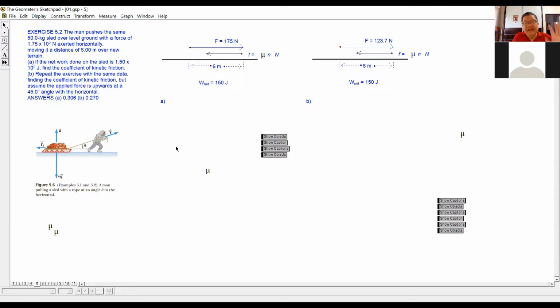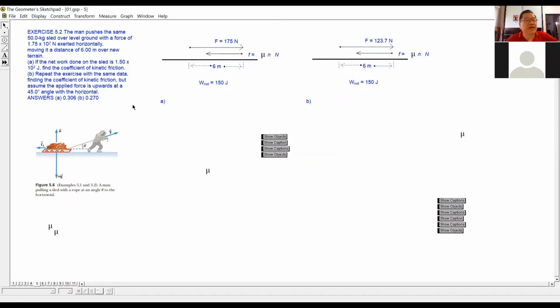Okay, so this example is exactly the same as the previous example. They only change the numbers, right? Over new terrain. Now, over new terrain means it's a different type of surface, so the coefficient of friction is different now.